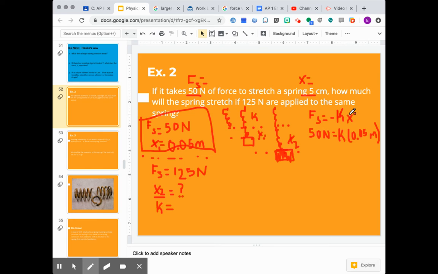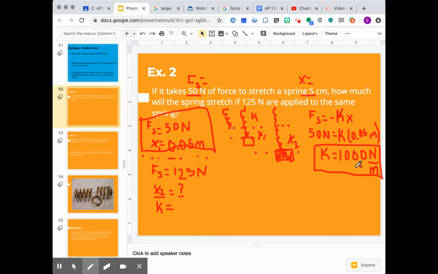Constants cannot be negative. The stretchiness or rigidness of a spring is not negative. The negative sign in front of the K is associated with the displacement. It gives the direction of the displacement. So when we're solving for K, we omit the negative sign. And we find that the spring constant is 1,000 newtons per meter.